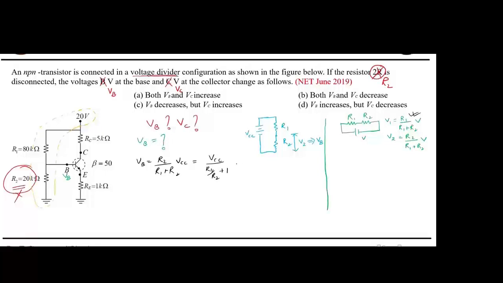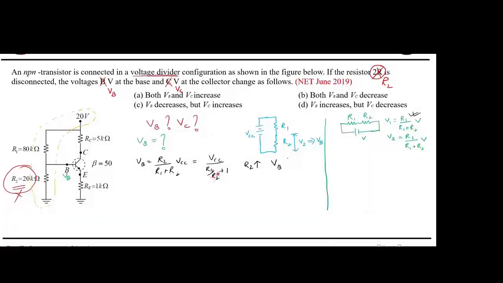Yes, sir. So when R2 increases, what will happen to VB? VB will increase. Are you sure? Yes, sir. It will decrease. Oh, please see it carefully.